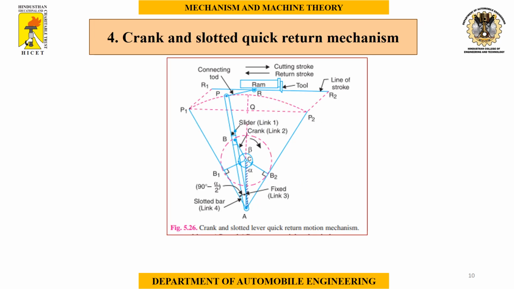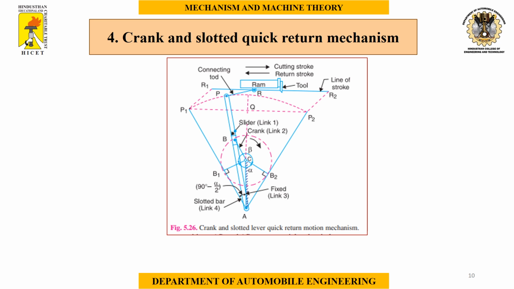Number 4, crank and slotted lever quick return mechanism. In machines, especially the shaper machine, the tool is used to cut the job in one stroke, that is in the forward stroke. At the end of the reverse stroke, the material is not cut.